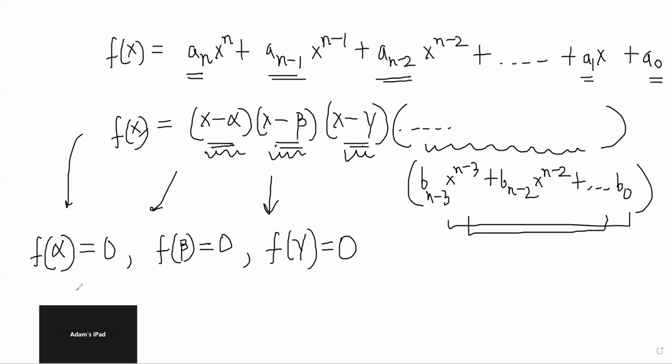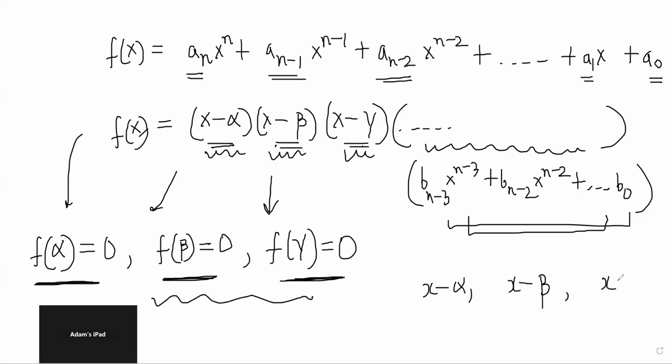That if you can see which values the function is becoming zero, if I knew this, then I could have said x minus alpha, x minus beta, x minus gamma are factors, right?